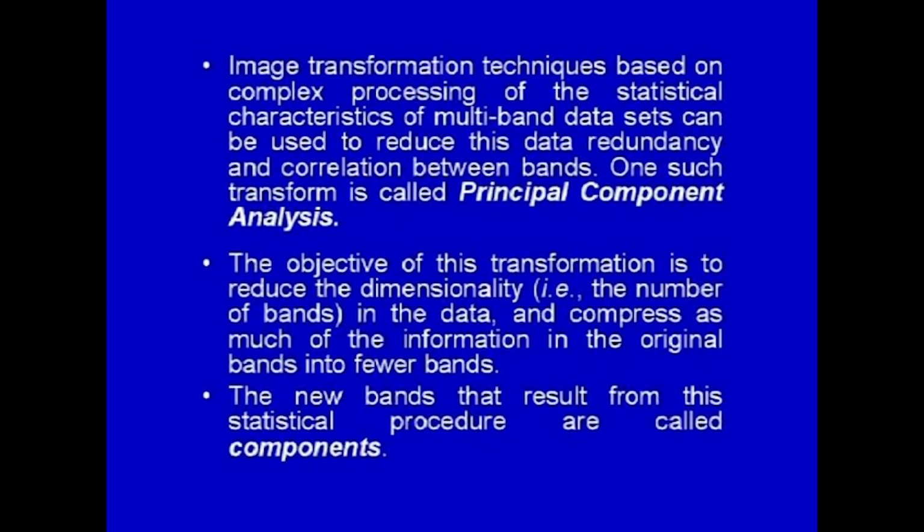One such transformation is called principal component analysis. The objective of this transformation is to reduce the dimensionality, that is the number of bands in the data, and compress as much of the information in the original bands into fewer bands. The new bands that result from this statistical procedure are called components.